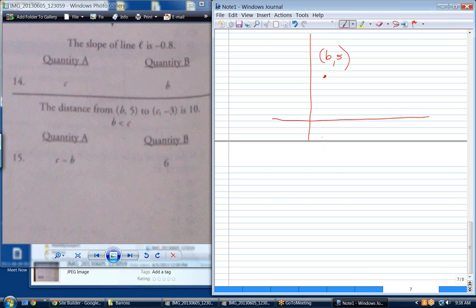I'll put it. And C is greater than B, so we have to be somewhere over here. The two points could be here and here, or here and here. The only thing we know is that C has to be to the right of B. We also know the distance is 10.